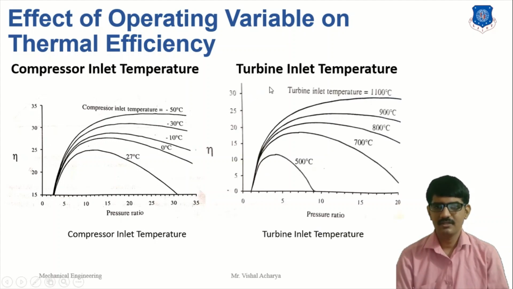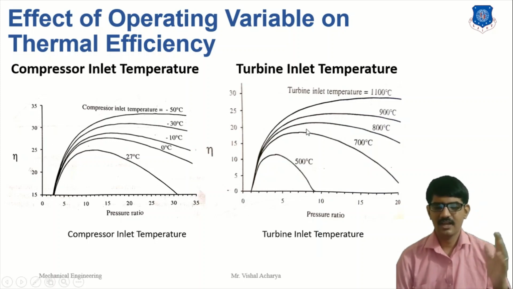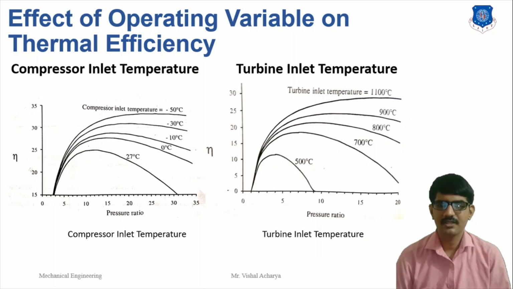The second parameter is the turbine inlet temperature. When the turbine inlet temperature increases, the compressor work is the same but the turbine work is higher. So our thermal efficiency is increased. But there is some limitation on the temperature depending on the blade material, so the metallurgical condition is considered for the maximum turbine inlet temperature.